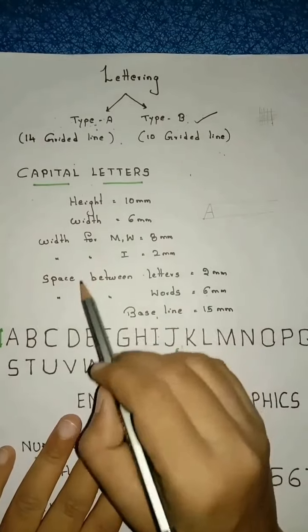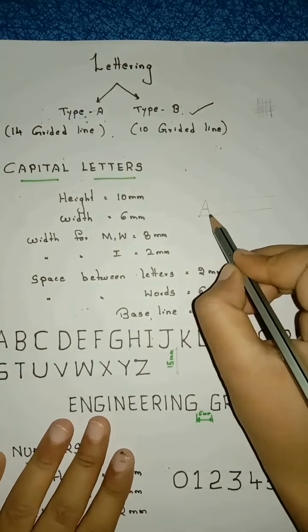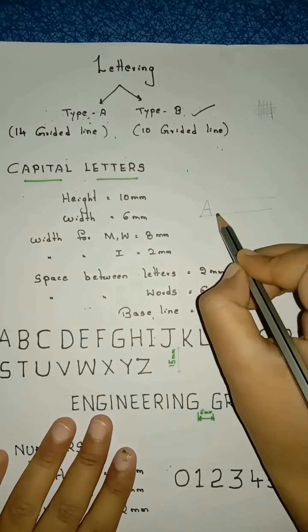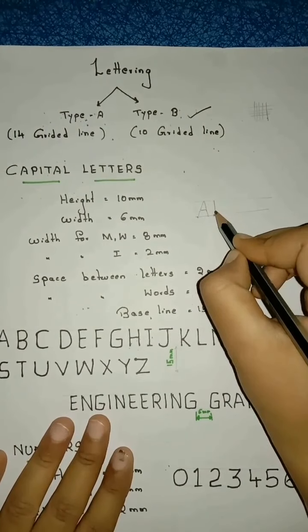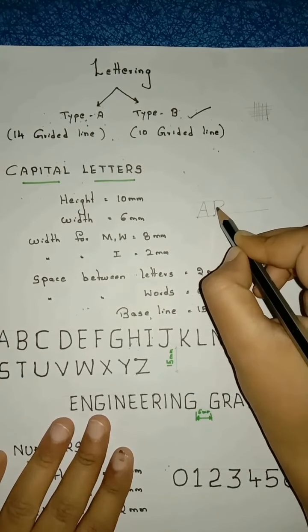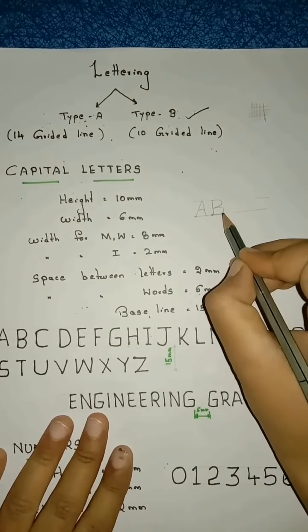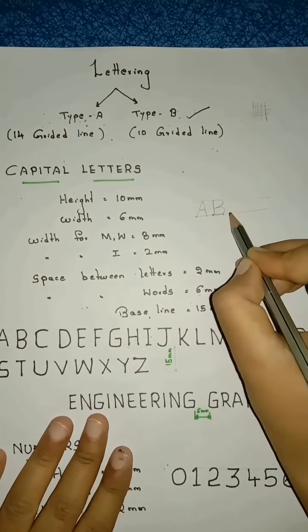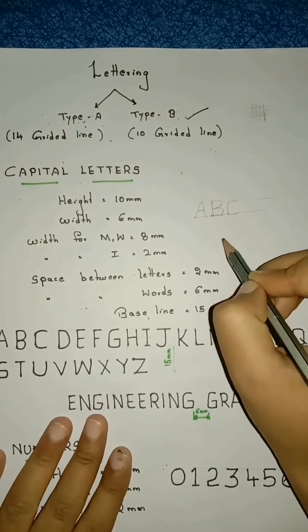Then next, what I am saying, space between letters is 2 mm. After completion of letter A, leave the gap 2 mm, and start writing letter B, right? After completion of B, again from here leave 2 mm, start writing letter C, right?